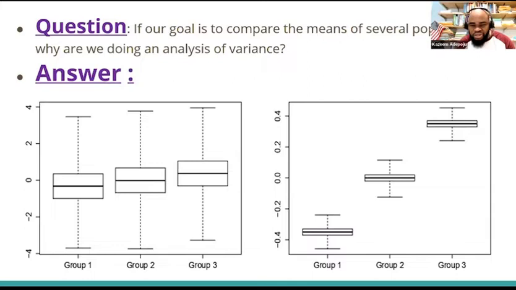The box plot here sends across the information that, looking at this, it looks as if the means are not the same. But the box plot will only give us an idea of what to expect. Even if it's showing a difference, the only way to investigate whether the difference is significant is to conduct analysis of variance tests.